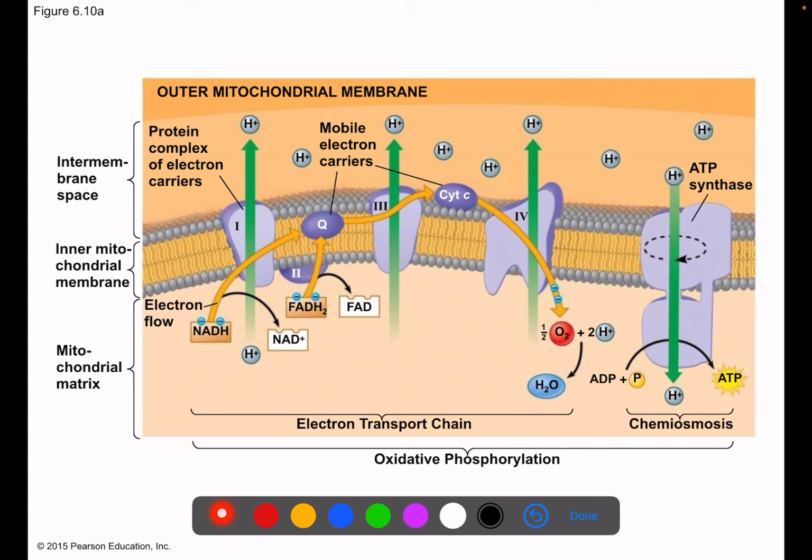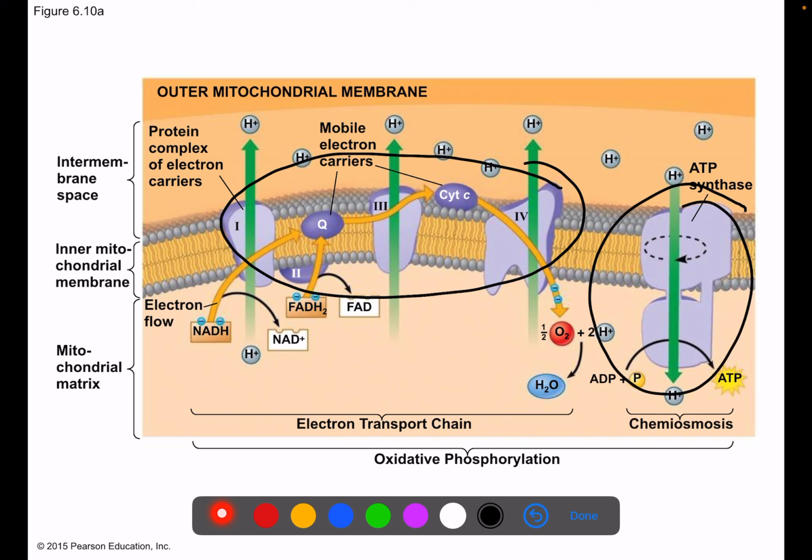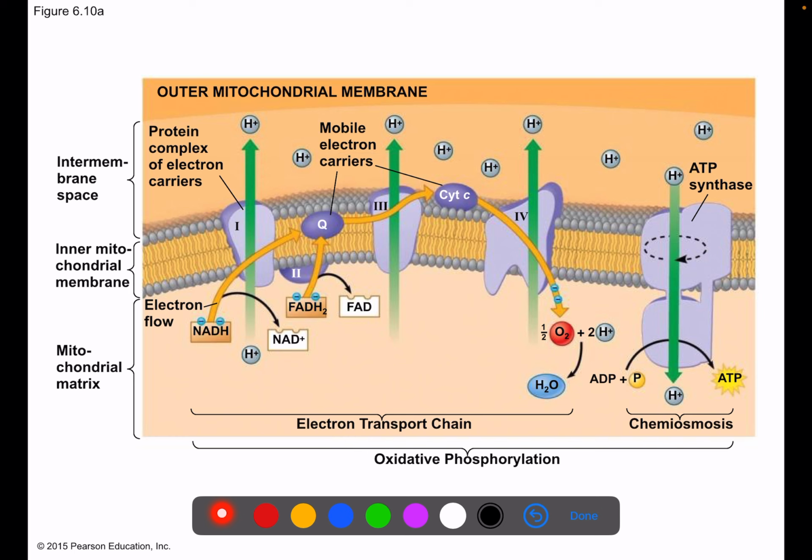Right? I can give you the diagram, some parts labeled, but this is your electron transport chain right here. Here's your ATP synthase over there. See the NADH donating electrons and becoming NAD+, FADH2 donating electrons becoming FAD. Here's the oxygen picking up electrons becoming water.